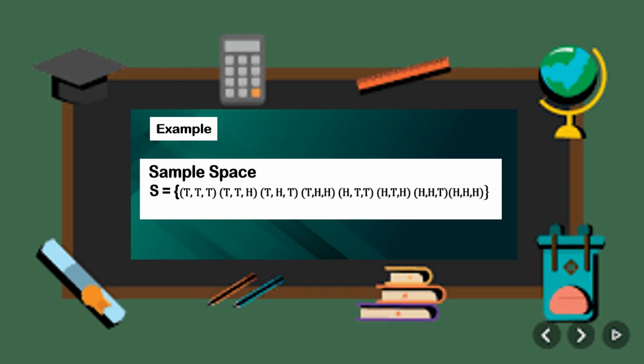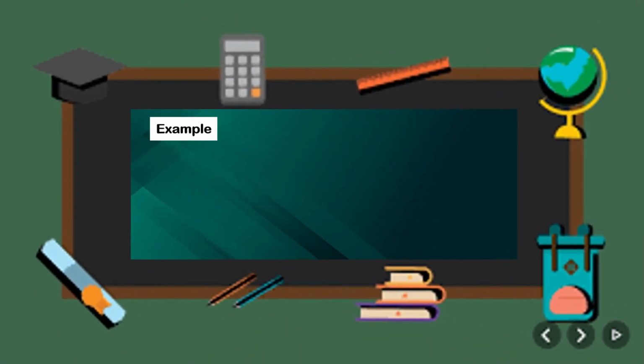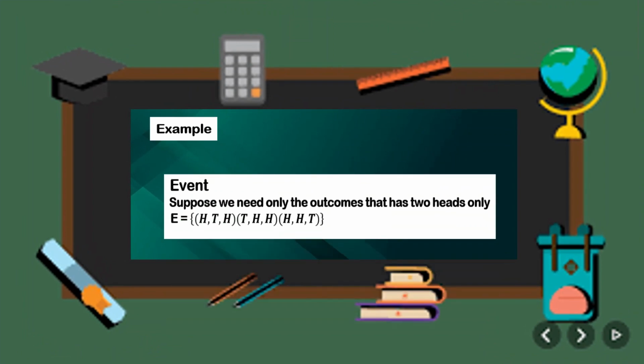Now we are ready to illustrate event. An event is what we use if we have to specifically ask or check on the occurrence of particular outcomes. For example, here is a situation.